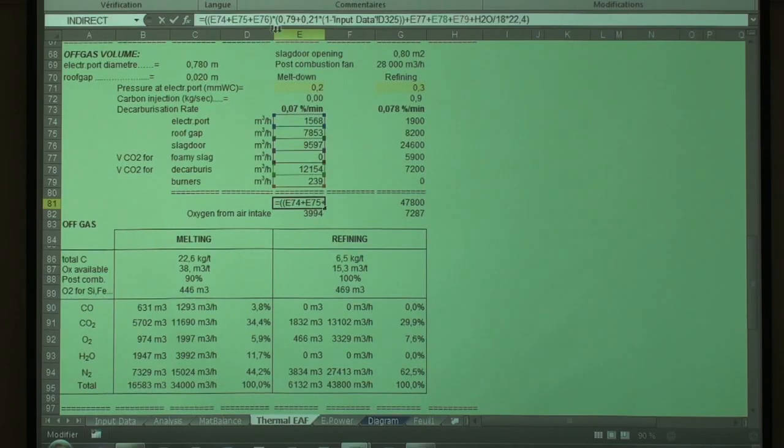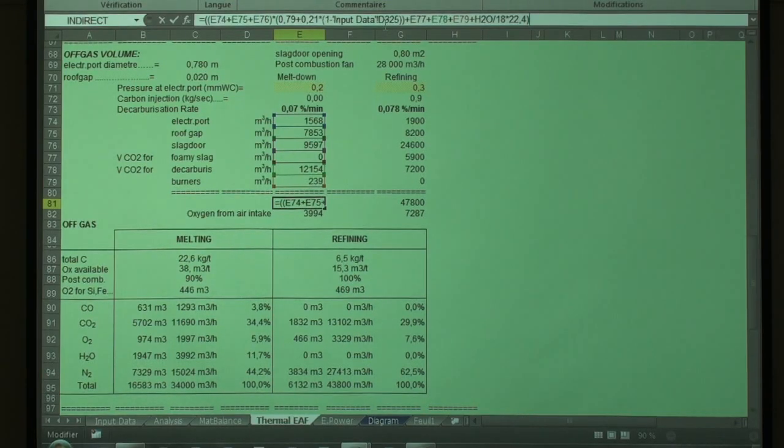I mean nitrogen, plus the remaining oxygen, because you remember at this location I have the air efficiency, so I consider 50% is gone.